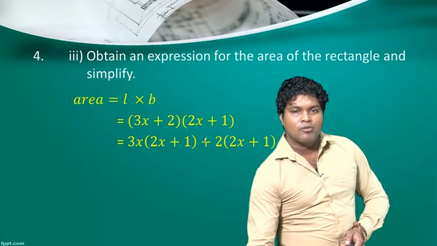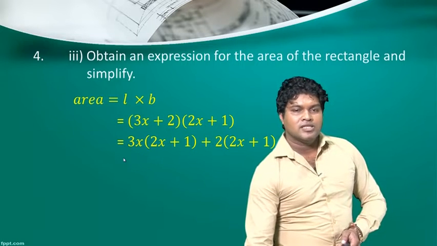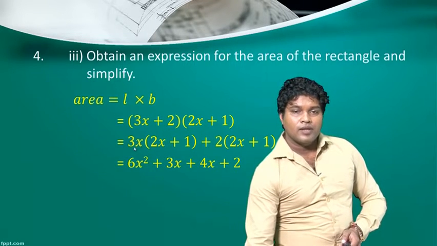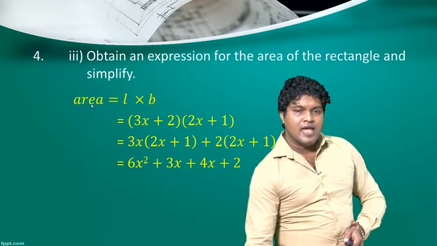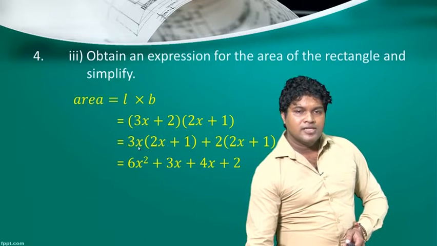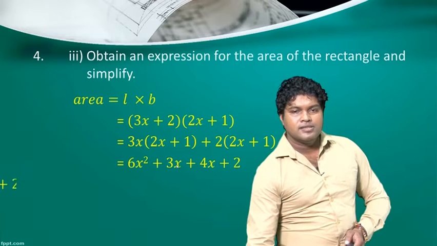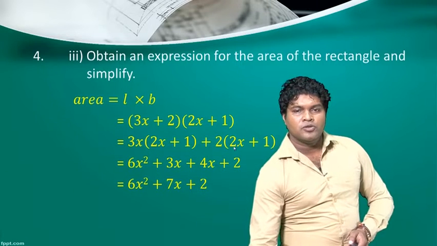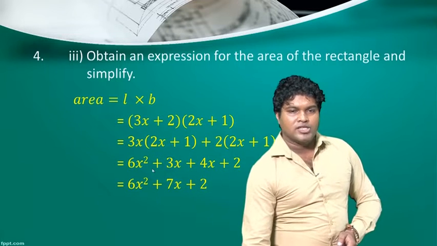By the plus 2 you have to multiply the same 2x plus 1. Then you have to do the simplification. 3x into 2x: 3 times 2 is 6, and x into x is x squared. Then 6x squared, and 3x into 1, 3x, and 2 into 2x, 4x, 2 into 1, 2. This is the bracket removal.